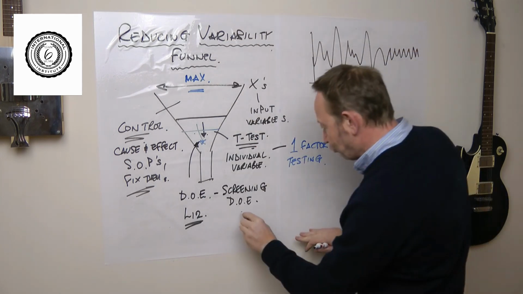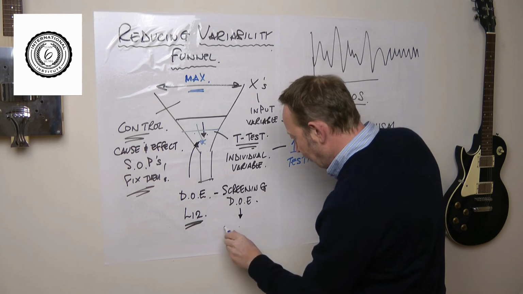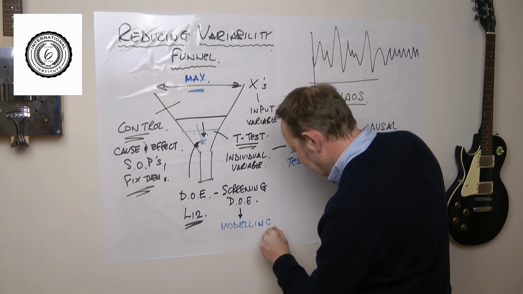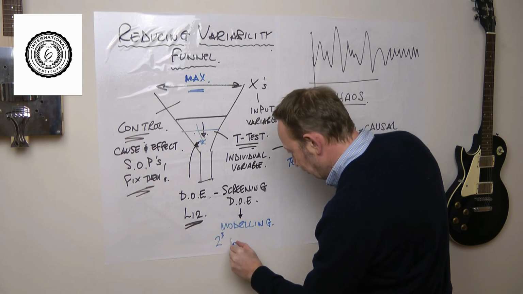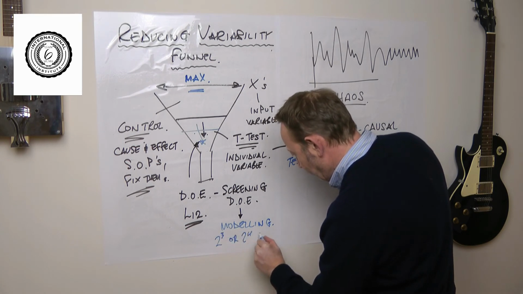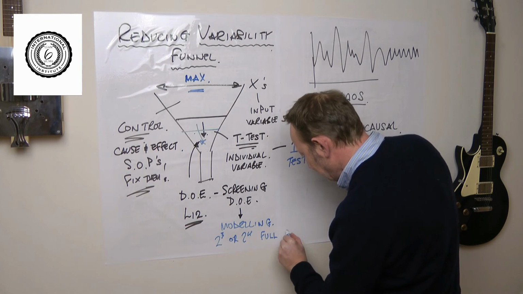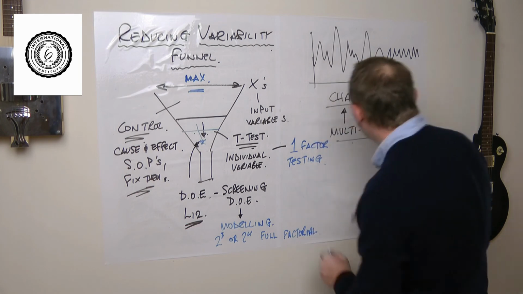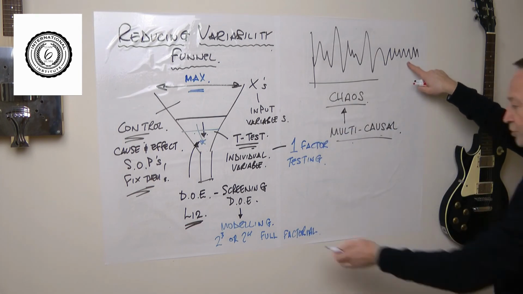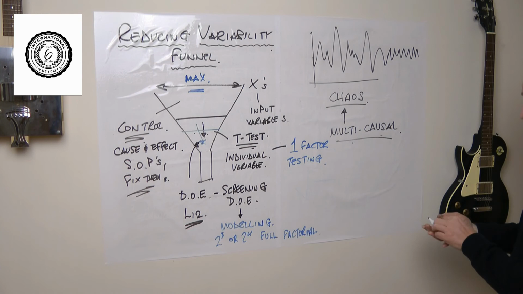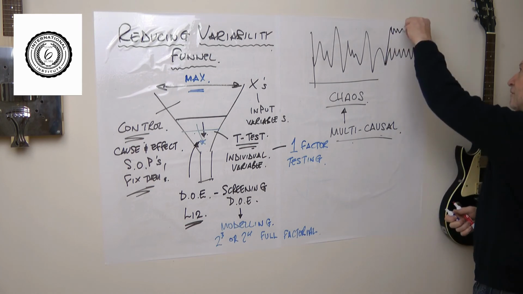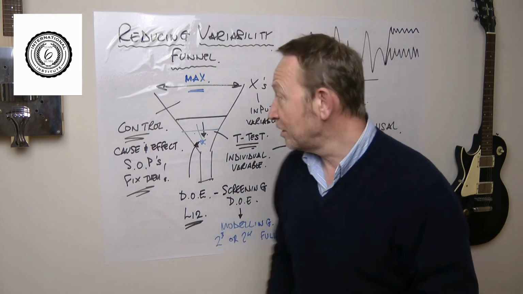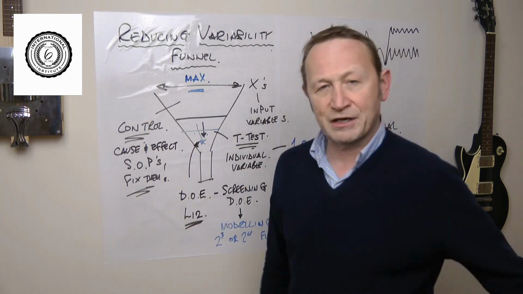And once I've done a screening DOE, I will follow it up with a modelling DOE, usually a 2 to the 3 or 2 to the 4 full factorial. Then I'll use that knowledge from the full factorial to take this result and make it hit the target, make it land somewhere I want it to go. So that's the way we're working down that funnel.